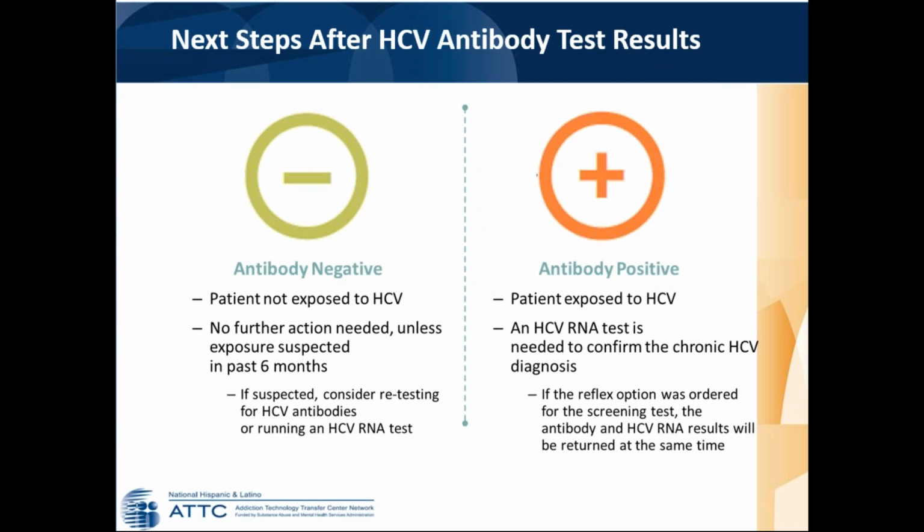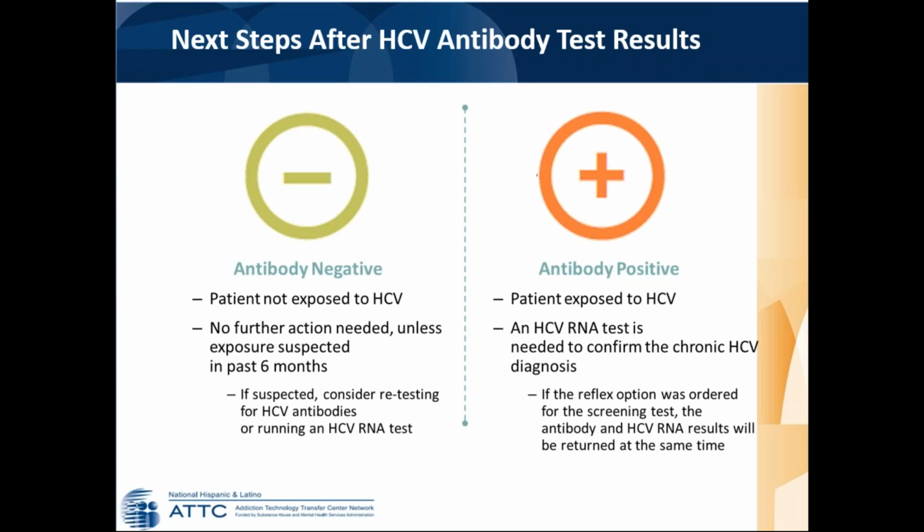In that case, the person should be retested, or should have a hepatitis C viral load PCR test, because sometimes it takes the body a few weeks or months to create antibodies. If I get exposed today and I get tested a week from now, my test is going to be negative because my body has not had enough time to create antibodies, which is what the test would detect.